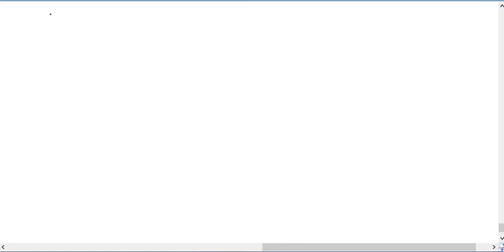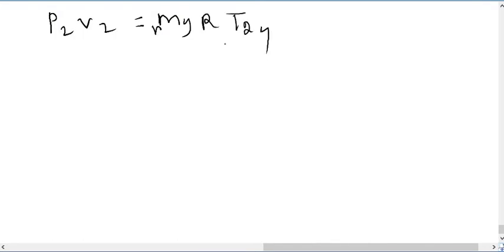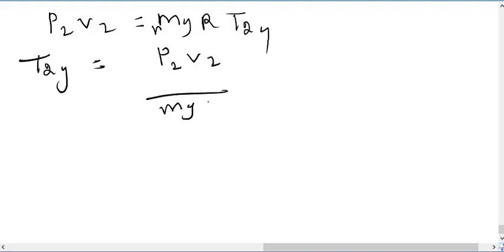So from the equation of state, P2V2 is equal to mass of gas times R T2 of gas. Now we make the temperature the subject of the formula. So T2 of gas is equal to P2V2 all over the mass of gas times R. We call this equation 2. We have V2, we have P2.